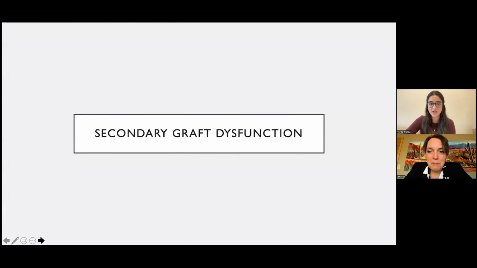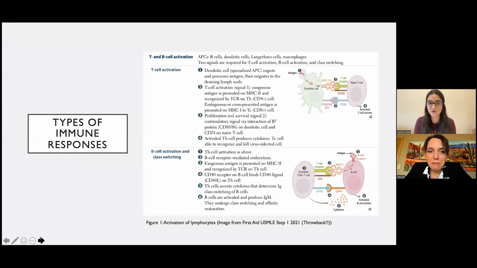So before we talk about cellular and antibody-mediated rejection, a throwback to times we're all not super fond of: B and T cell activation, which is our body's immune response.